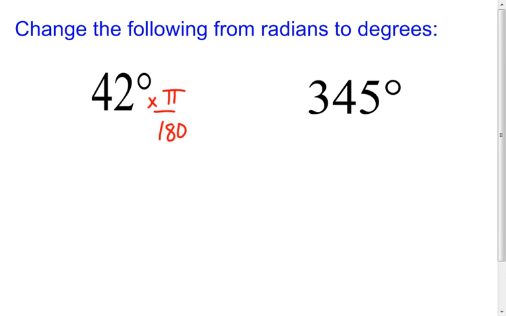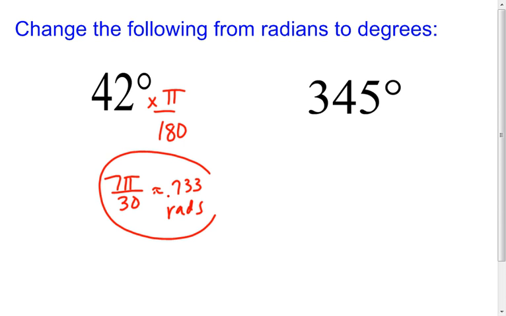When you reduce the fraction 42 over 180, you will get 7/30ths, and then throw that pi back in. So the exact answer would be 7 pi over 30. If you want a decimal answer, which I would not prefer, but just to be able to check it, you'll get 0.733 radians. And either way, the label is radians, okay?